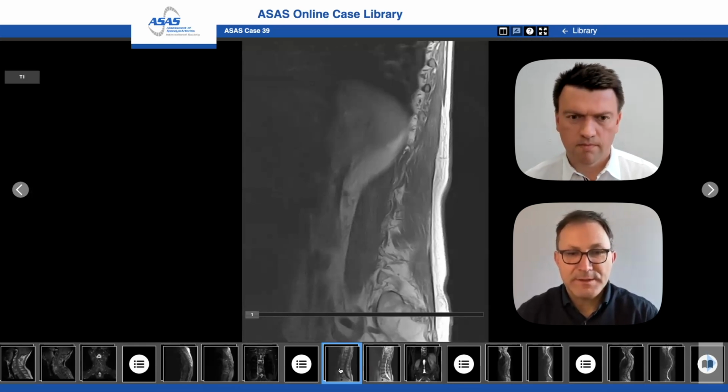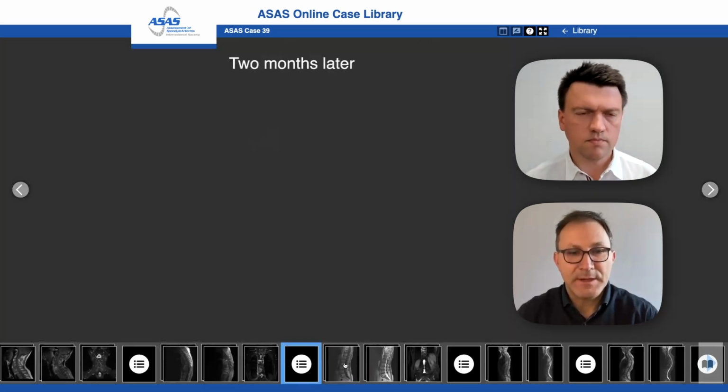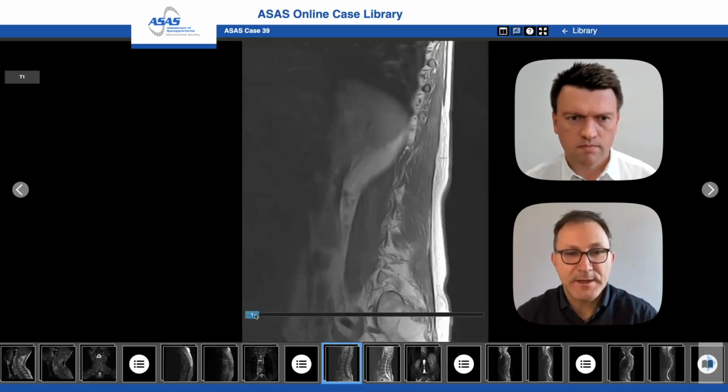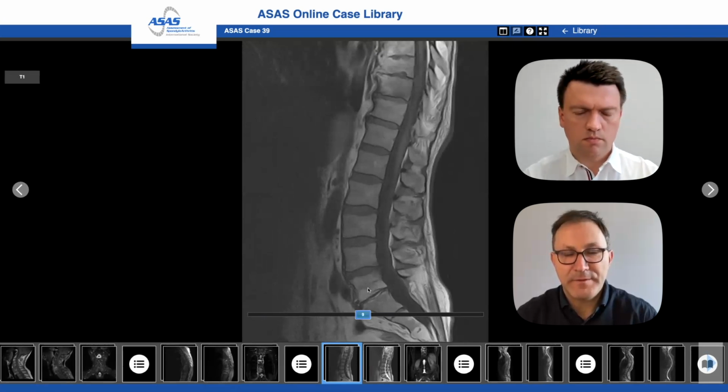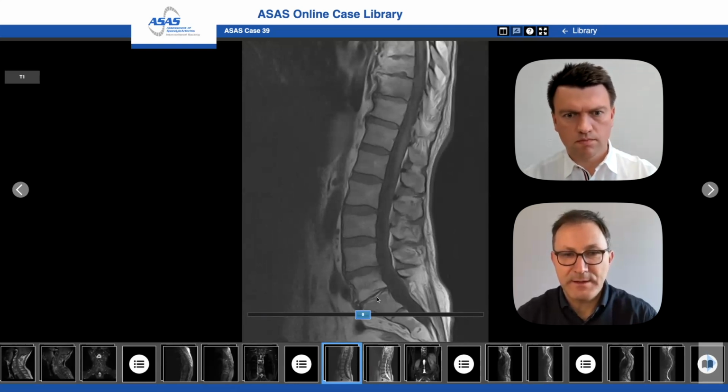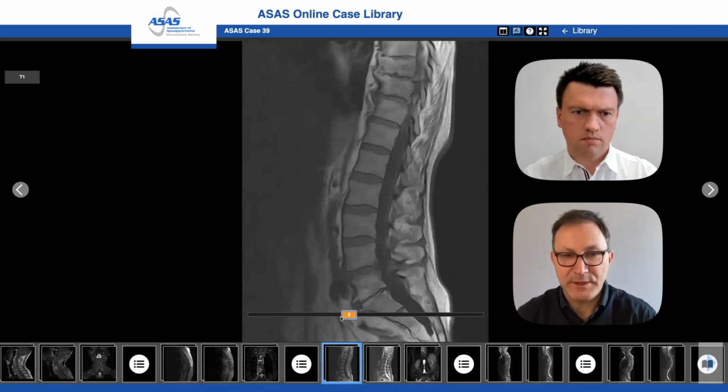Exactly. So we have this MRI scan performed some months after the last thoracic MRI scan, and that is a T1 weighted sagittal sequence where we see again the vertebral bodies of the lumbar spine look fairly normal, except for the L5 S1 junction where there is disc height loss, so it might be some degeneration.